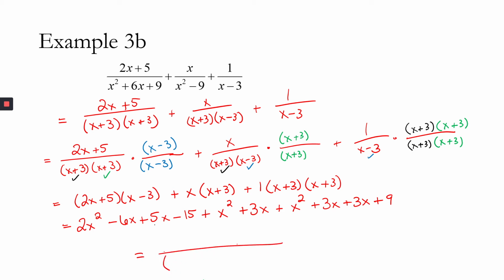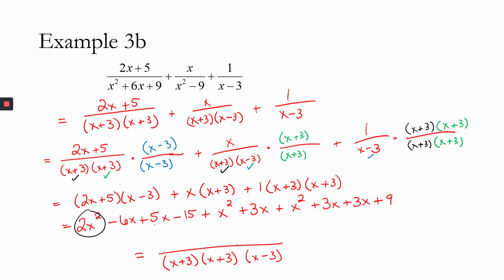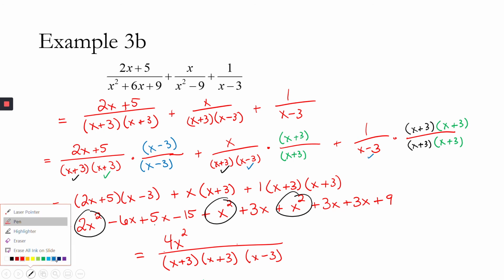So my numerator now is all those different factors. And then on the top, we're just going to collect all of the similar terms. So I've got 2x squared plus another one, that's 3, plus another one, that's 4. So 4x squared. Now let's collect our x's.